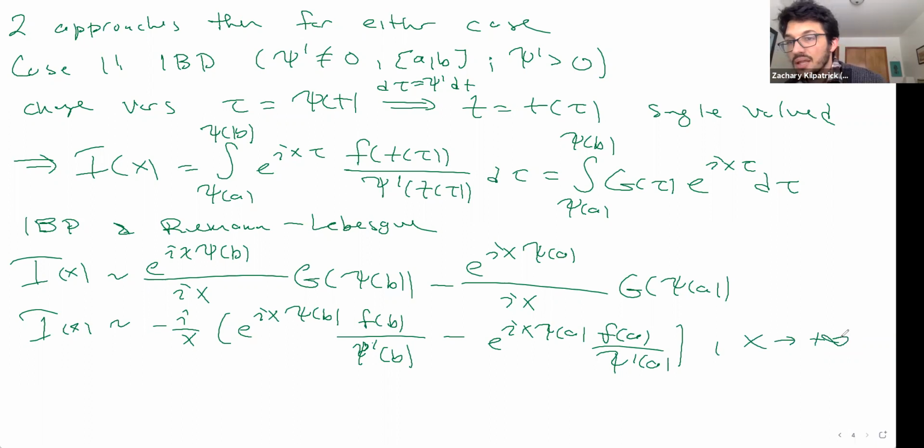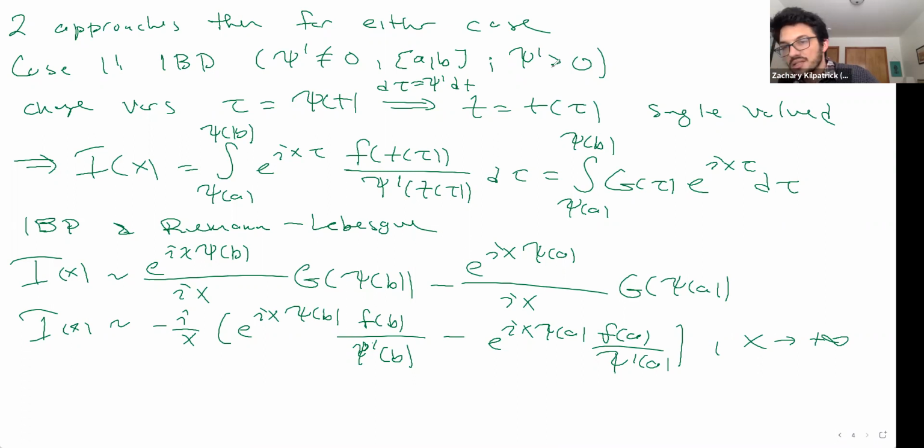We're just keeping the leading order term. But now we've extended it to the case where you can have any function psi of t as long as it satisfies this assumption that psi prime is not equal to 0, and in this case psi prime is greater than 0. But you can always change variables so that you flip the sign of this, and everything is going to obey this case.